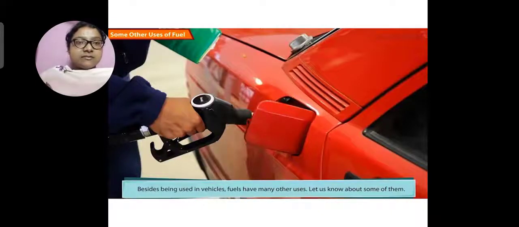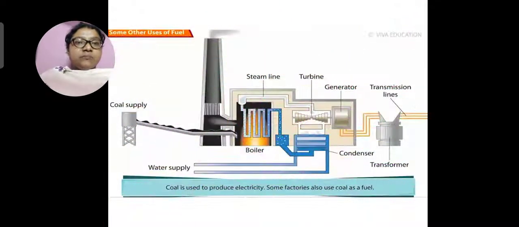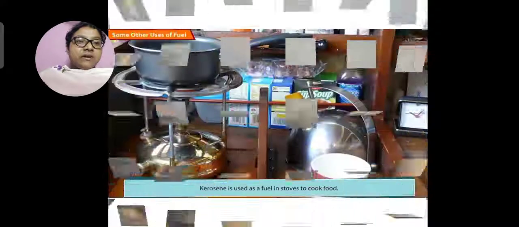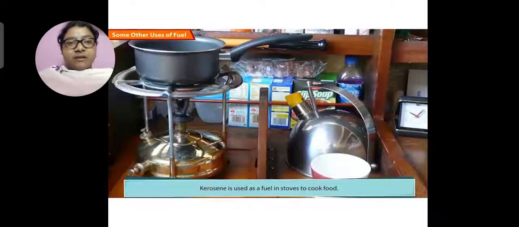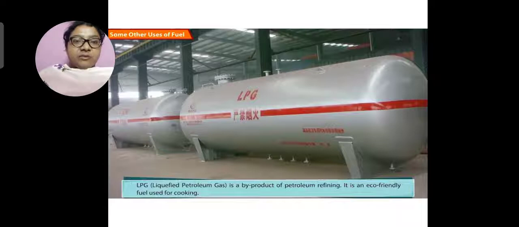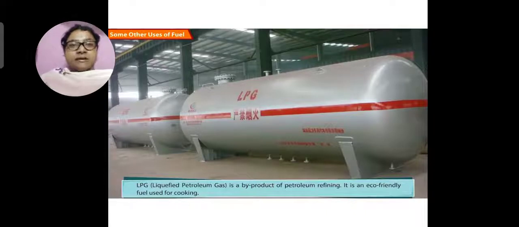Now the next content: some of the other uses of fuel. We use fuels in many other ways. Coal is used to produce electricity, and some factories use coal as a fuel. You can see how the factories use it to produce electricity. Kerosene is also used as fuel in stoves to prepare food. LPG, liquefied petroleum gas, is a byproduct of petroleum, meaning we get this product at the time of refining petroleum.